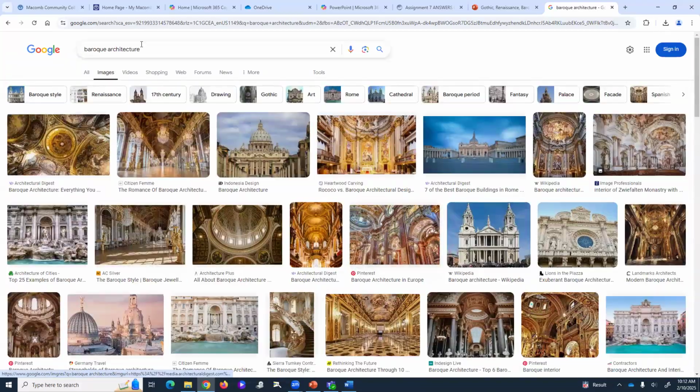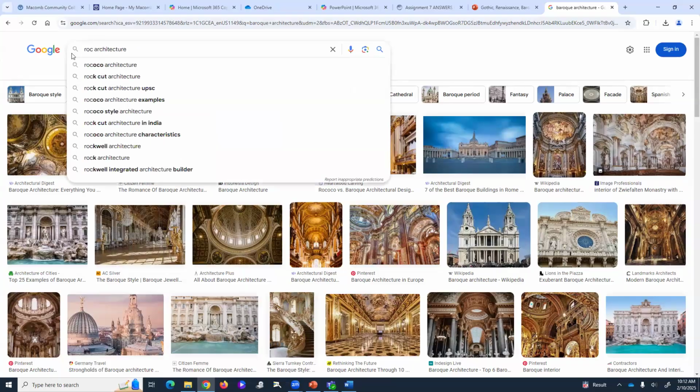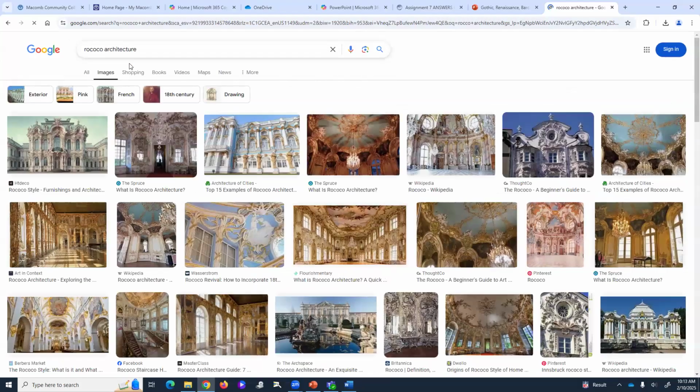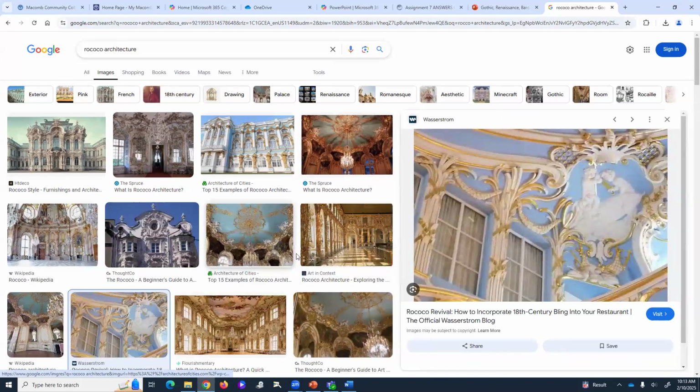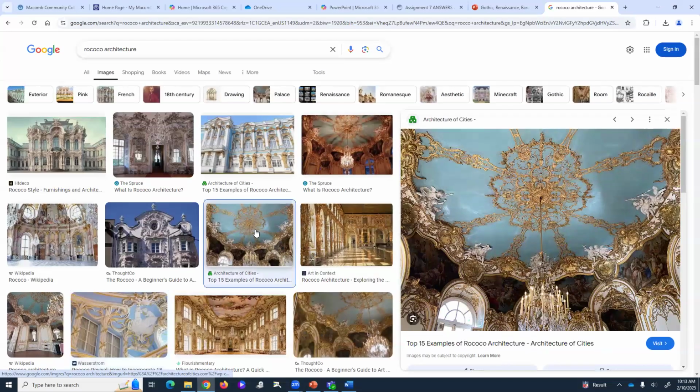And then if you look at Rococo, it's even more lacy, with added sculpture to the interiors and the exteriors, but a lot of the interiors have paintings and lacy sculpture like that. That's Rococo for sure.